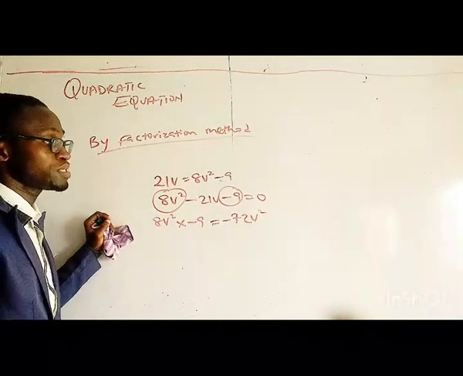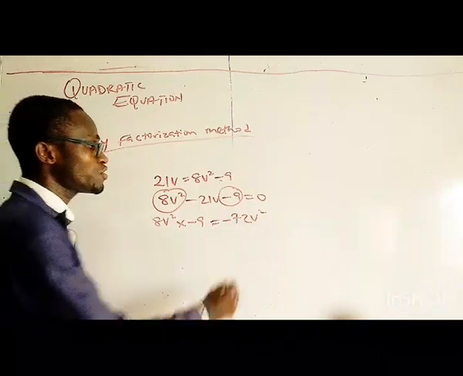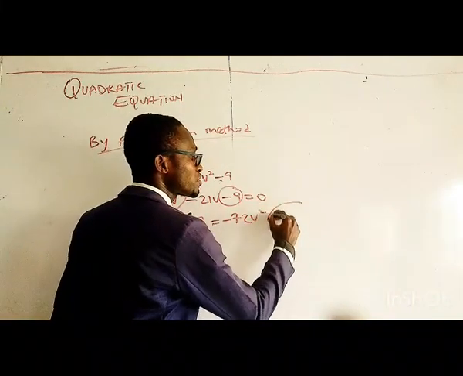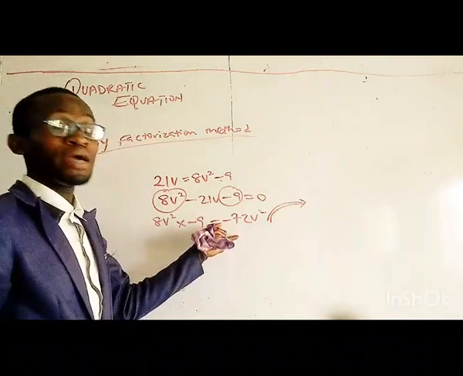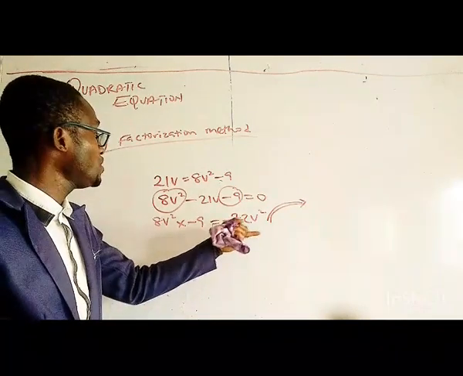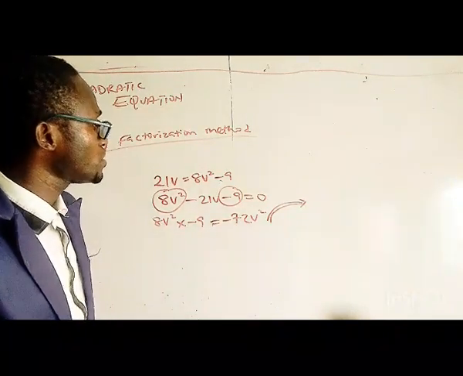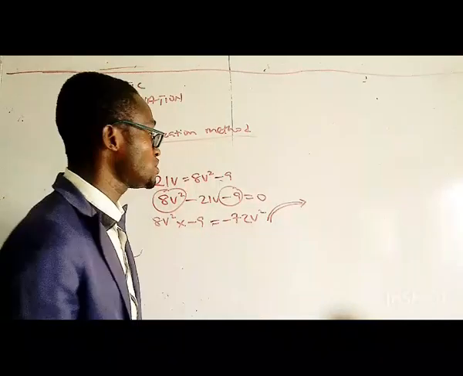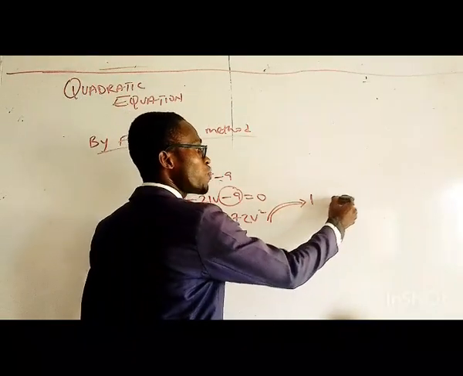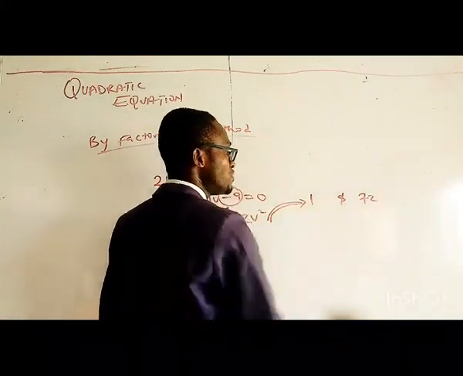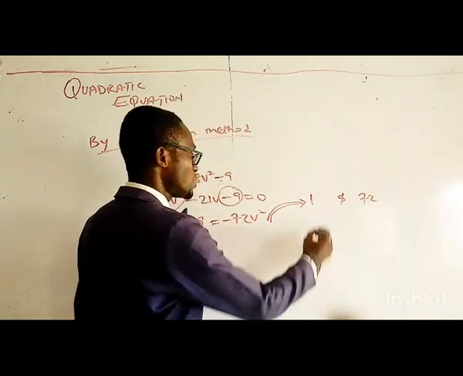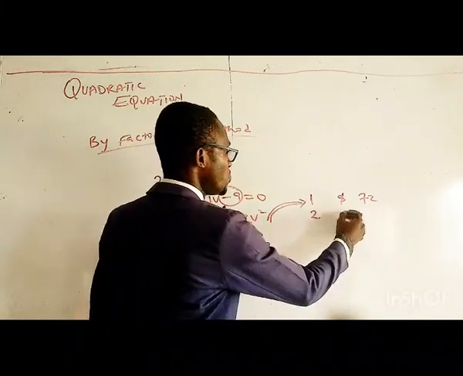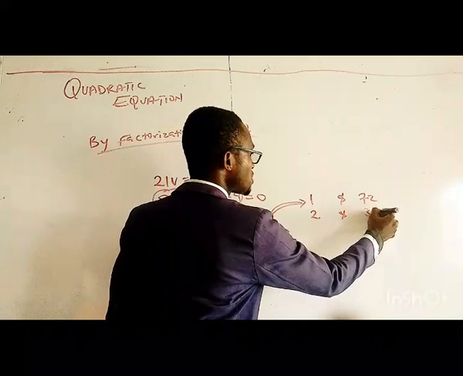Now once we have minus 72v squared, we are going to ask ourselves, what are the factors of minus 72v squared? The first thing to do is, what are the factors of 72? The factors of 72 are 1 and 72. The next one, 2 and 36.